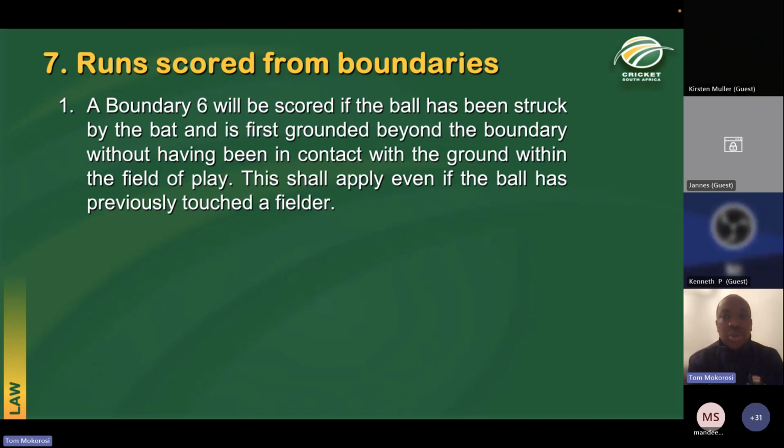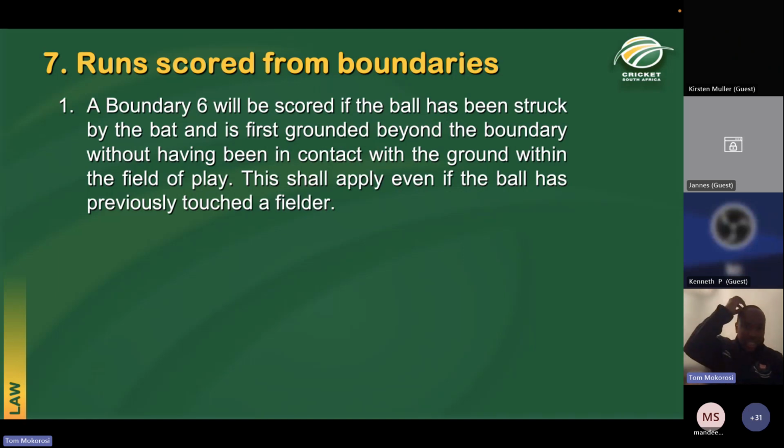So a question to all of you, and I'd like you to type your answer in the chat box. A little scenario that you can picture in your head. A fast bowler bowls a short pitched delivery, commonly referred to as a bouncer. The batter attempts a hook shot, but misses the ball with his or her bat.